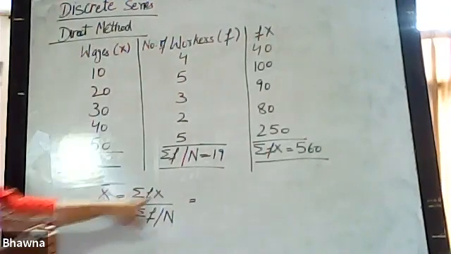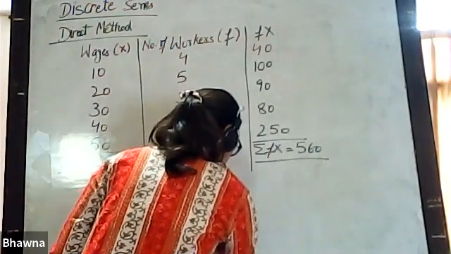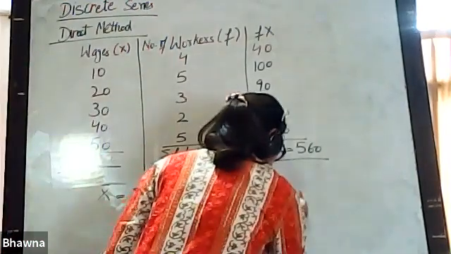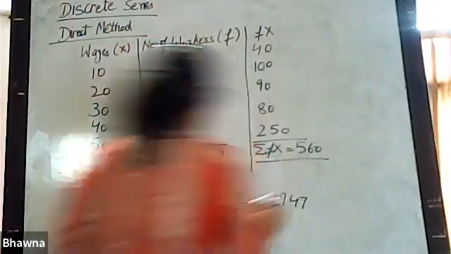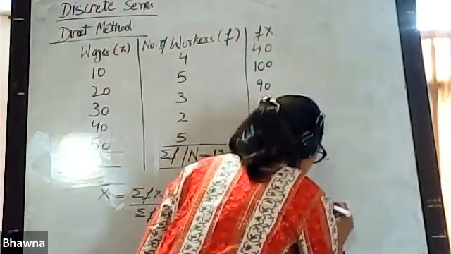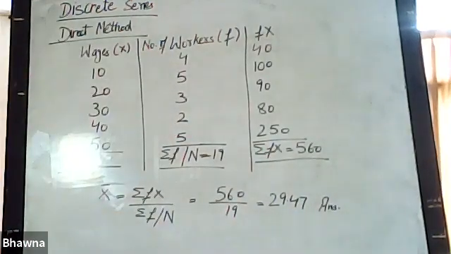Now put the value of summation fx: 560 divided by 19 is equal to 29.47, and the mean wage is rupees 29.47. That is our answer. So this is all about the direct method sum with discrete series.